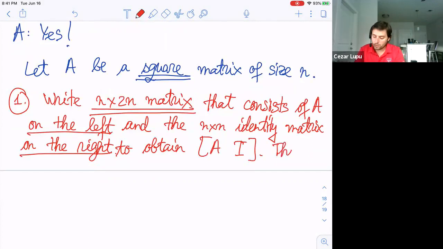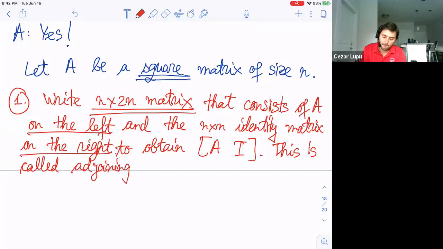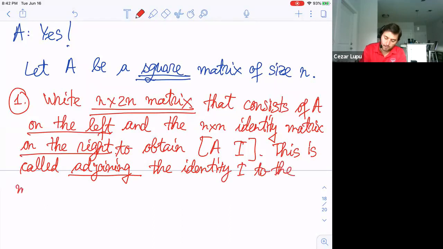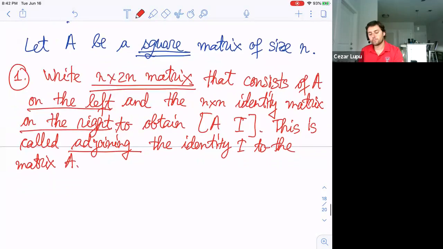This process is called adjoining the identity I to the matrix A. Okay.